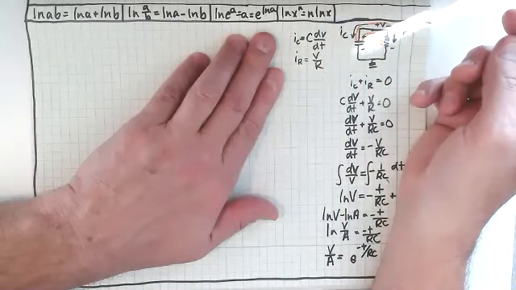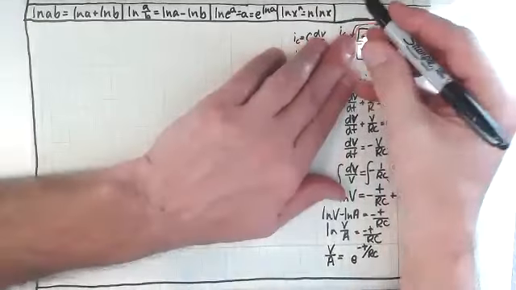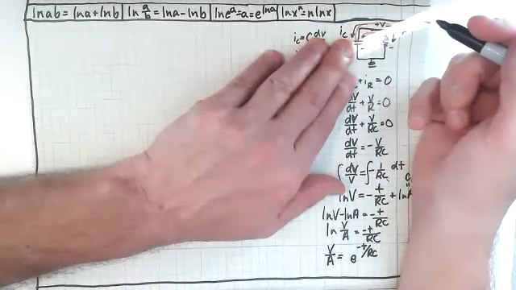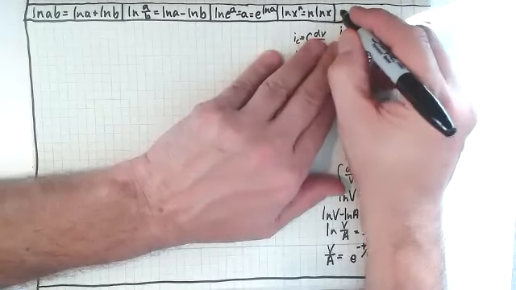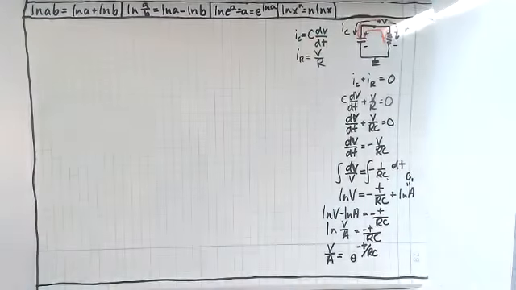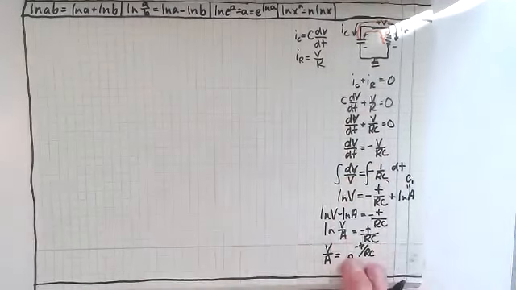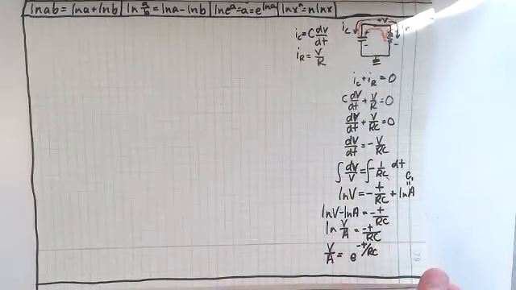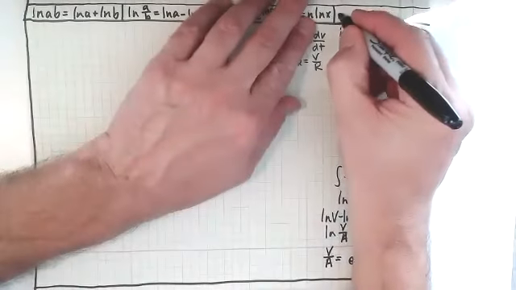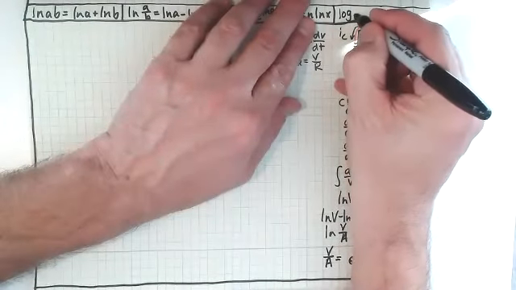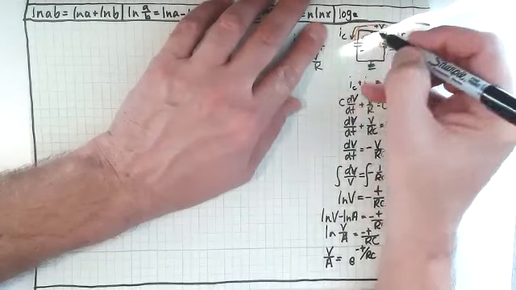There's one other one too. What is it? The log. Well, that's a log thing. I think I already taught that to you, but you'll see it again in communications too. All right, log, let's say to the base 2. It doesn't matter which base.